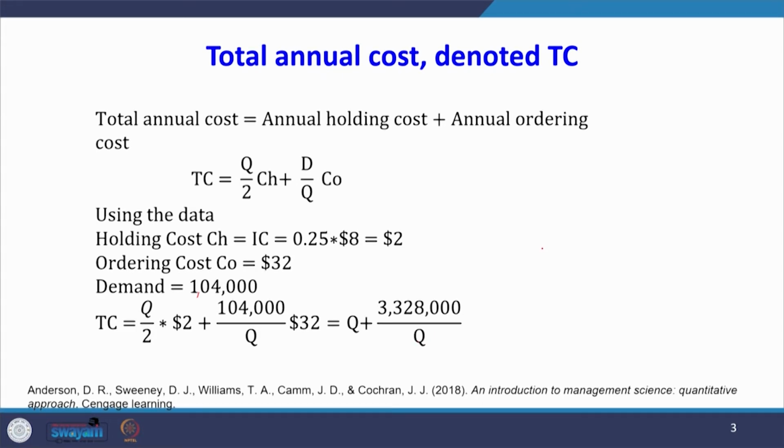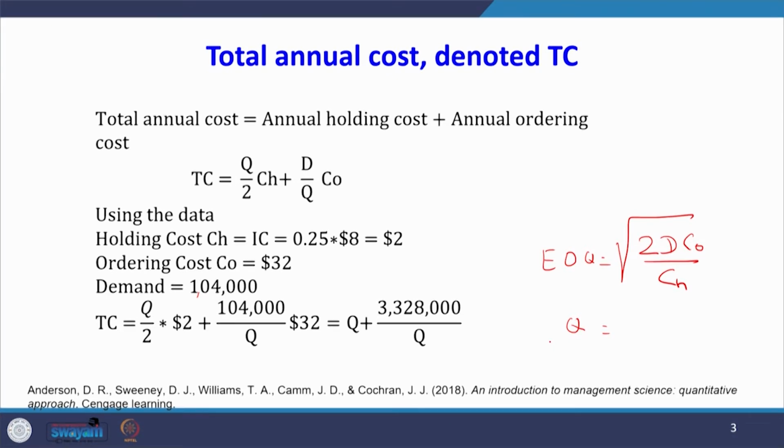In the previous class we found the economic order quantity is equal to square root of 2D C naught by CH. We have derived this formula. C naught is ordering cost, CH is holding cost. So, instead of deriving this, we can use the idea of nonlinear programming to find out the optimal value of this Q.